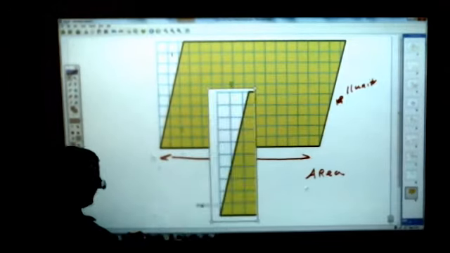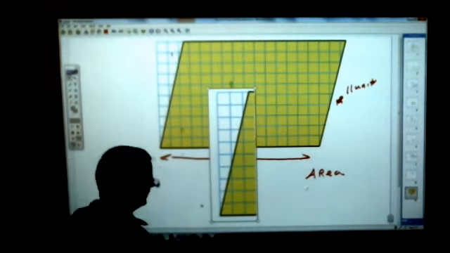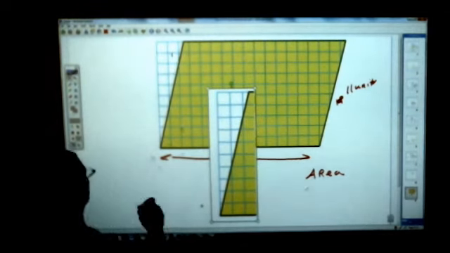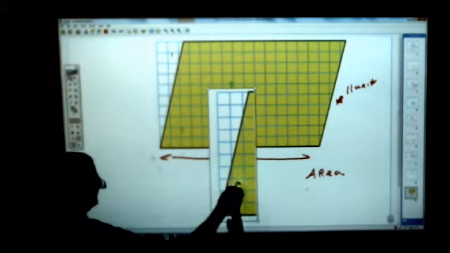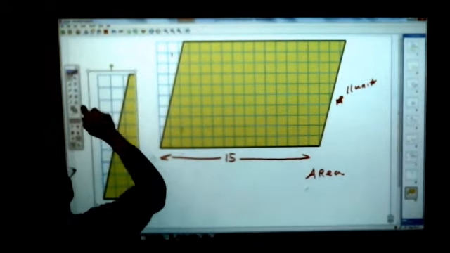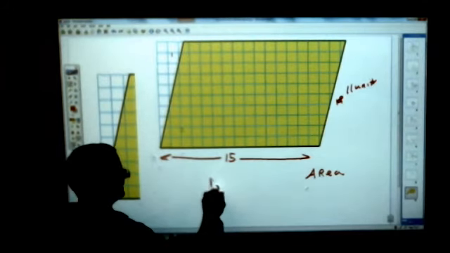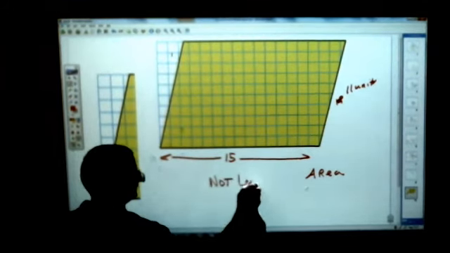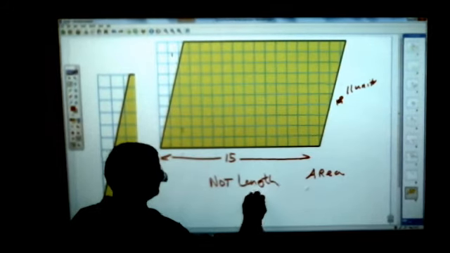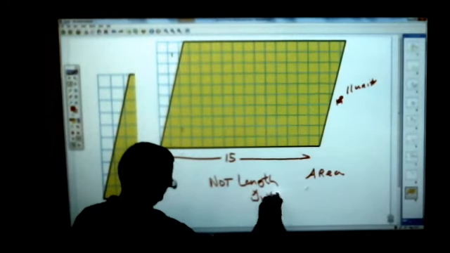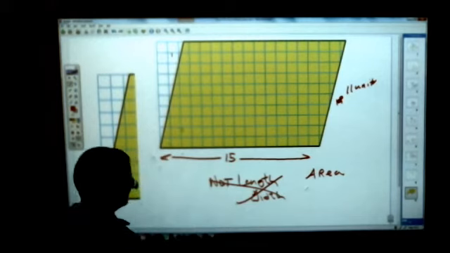Here's the deal, ladies and gentlemen. The problem with finding the area of this is that it's not a rectangle, and it is not length times width. Just take my word for it, it's not length times width.